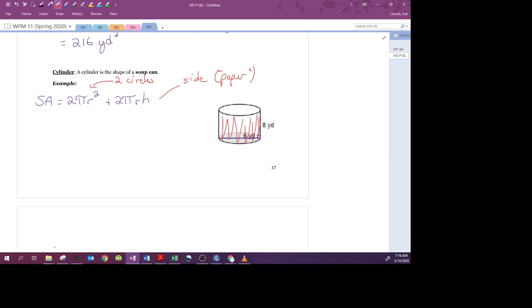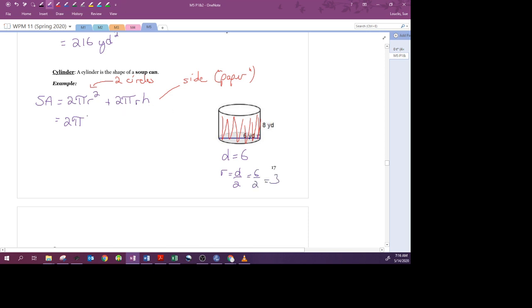All right. So we just plug in the numbers. It's 2 times pi and the radius. In this case, the diameter is 6. The diameter is 6, so the radius is the diameter divided by 2, which is 6 divided by 2, which is 3.